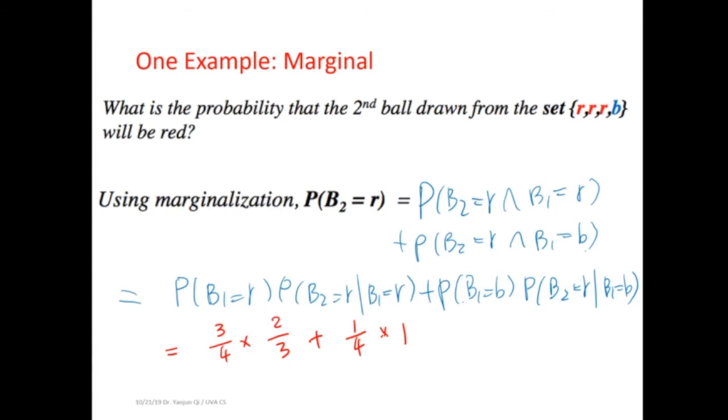This is the first try is red, and this is the first try is black, and then it's very easily, in this case, B1 equals B is 1/4.